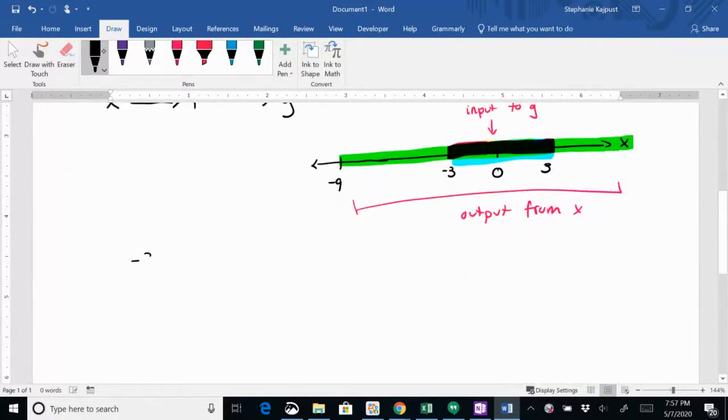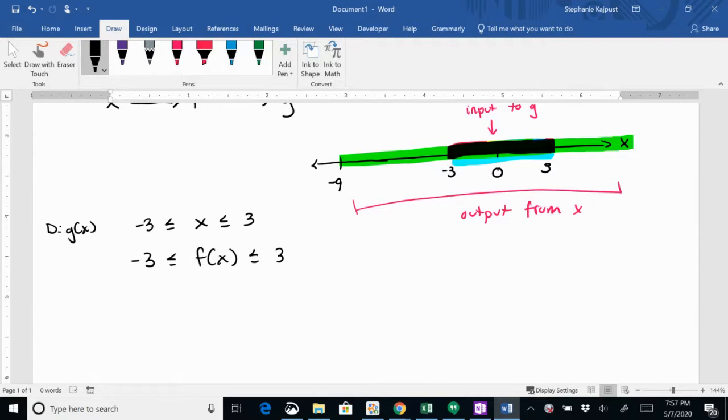So I'm going to write this. Our domain of g of x is -3 to 3, but f is getting plugged into g of x, so I can replace x with f of x because that's what's being plugged in.